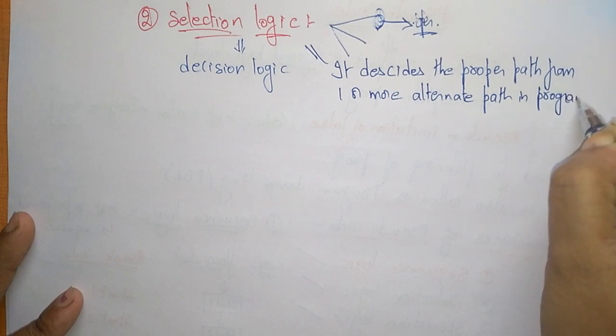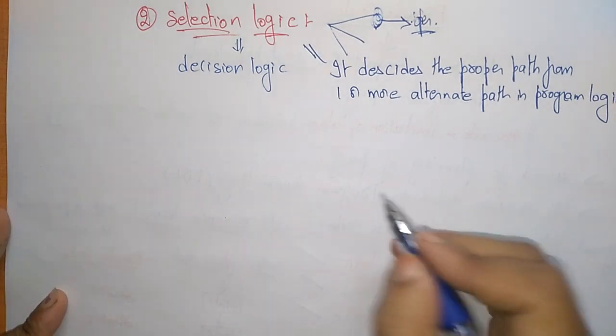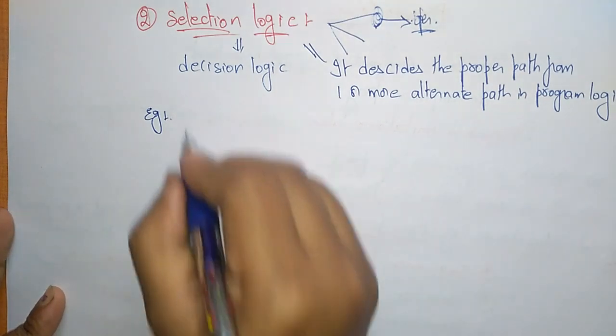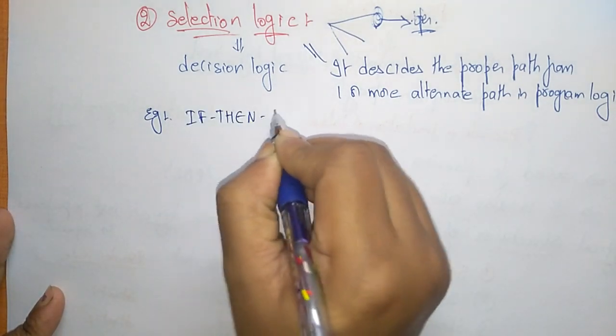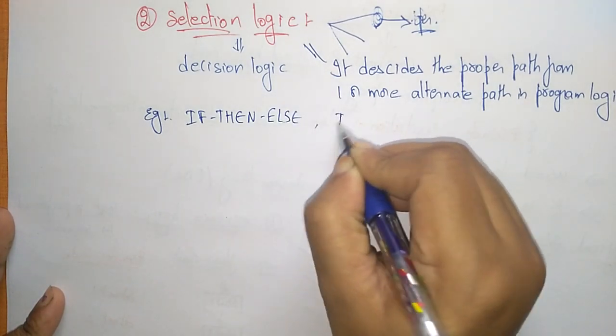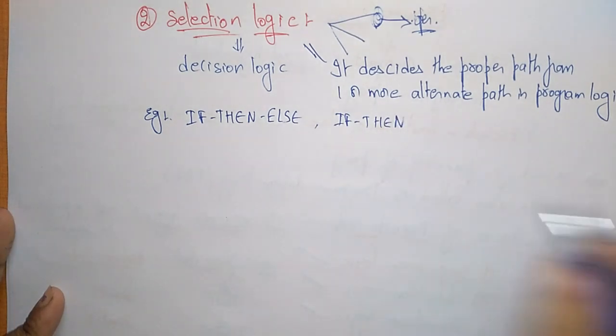If we have some program logic, this selection logic will decide which path will be the best one. The examples for selection logic are if then else block and if then block. Okay, so let us see the examples for this.